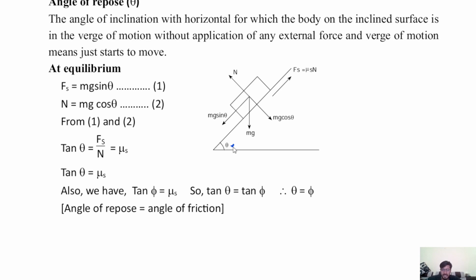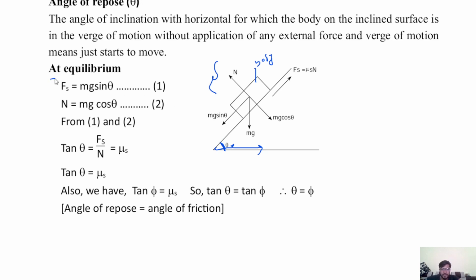Angle of repose means the inclination of the inclined plane to the horizontal, for which the body on the inclined surface is on the verge of motion without any external force. At this condition, theta is called the angle of repose.